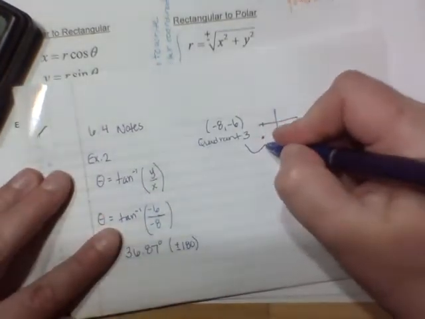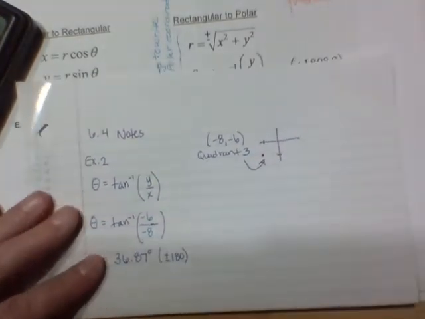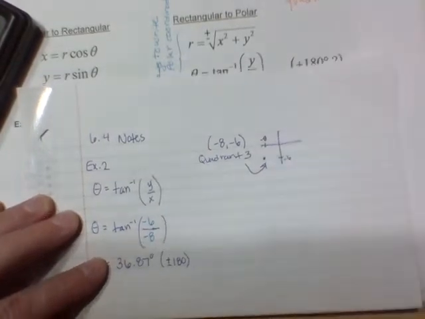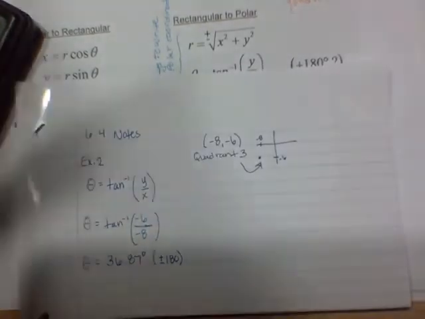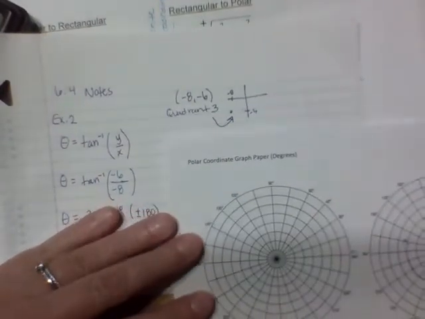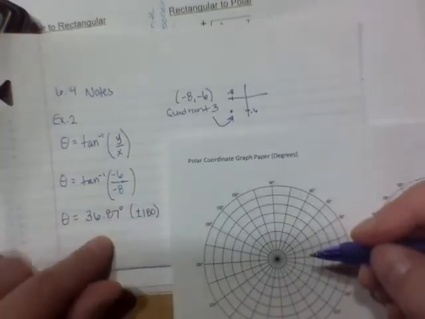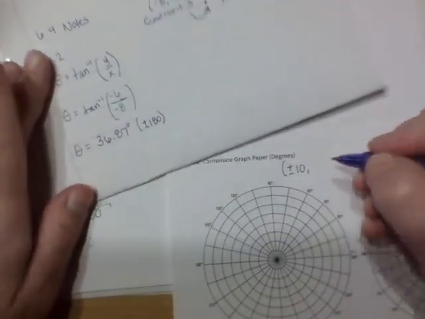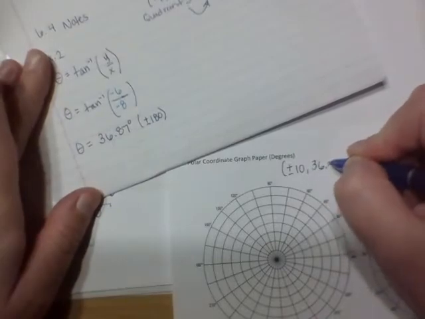Okay. So when we graph this next one here on our polar coordinates, we're trying to graph an r of either plus or minus 10 and a theta of 36.87.